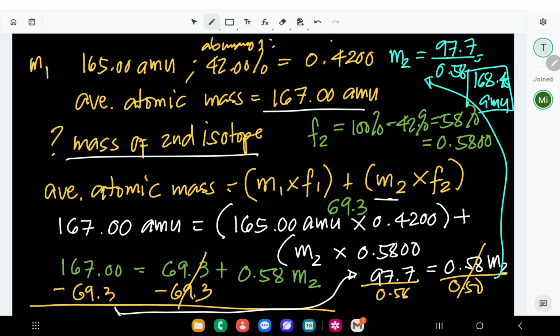Did you get the same thing? The abundance of the second isotope, you just subtract 100% minus 42%, so the relative abundance here is 58%. Then the mass of the second isotope, like we did the calculation, is 168.45. All right? No questions on this?